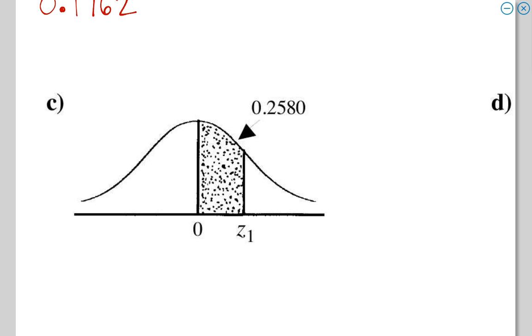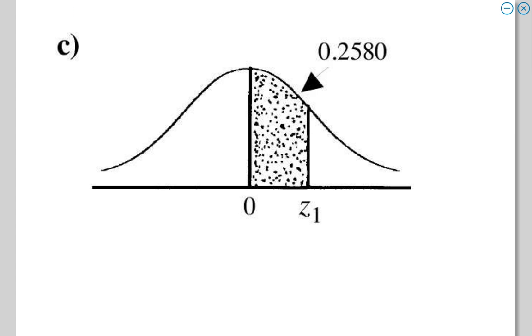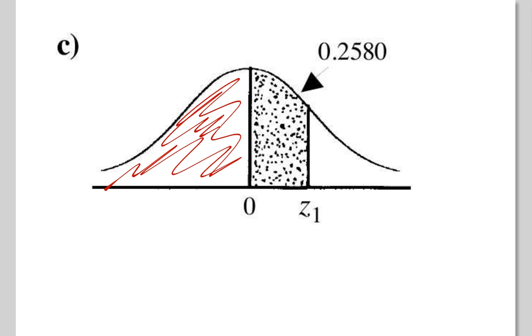Okay? Now let's look at this one. This one's weird. It gives us the area in between 0 and Z1. And I know that the full area to the left would give me that Z-score. So I just need to color the rest of this. What's the rest of this? 50.